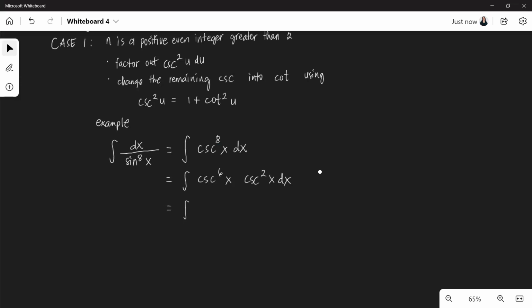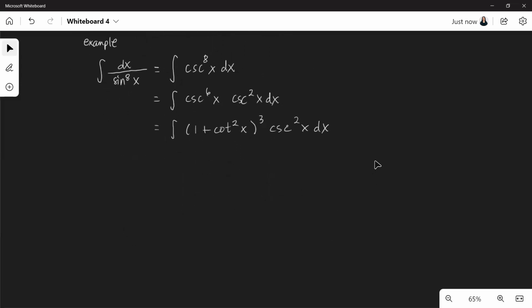Cosecant squared is 1 plus cotangent squared, so raise this to the power of 3. Again, this is cosecant squared raised to the power of 3, which is the same as cosecant to the power of 6. And then the cosecant squared is ready for the du later.